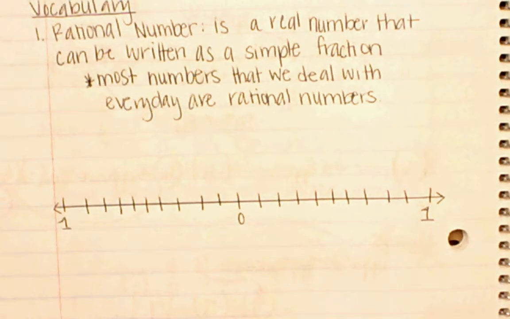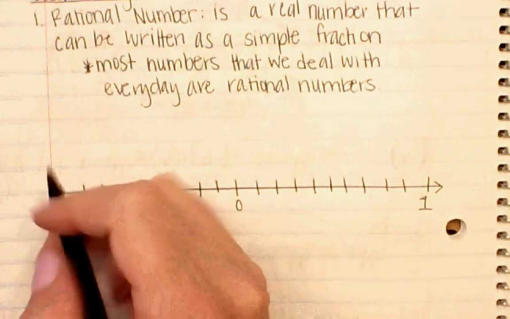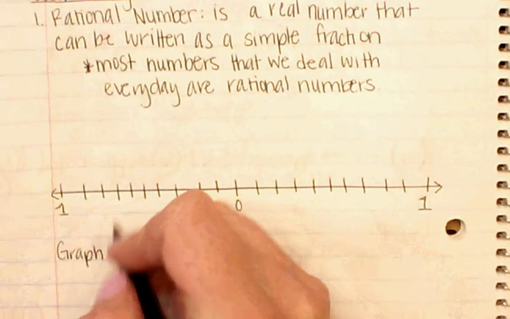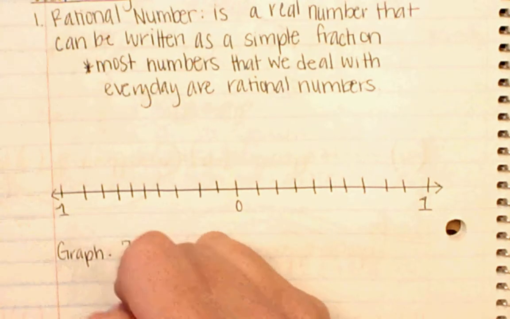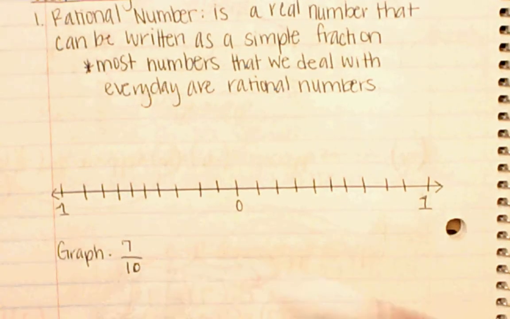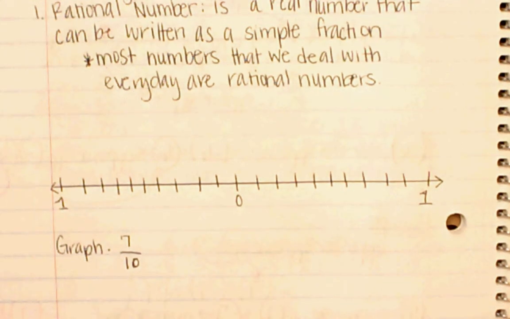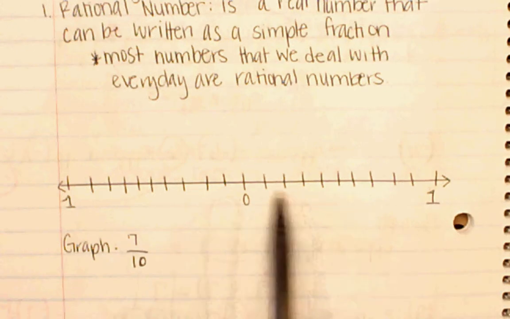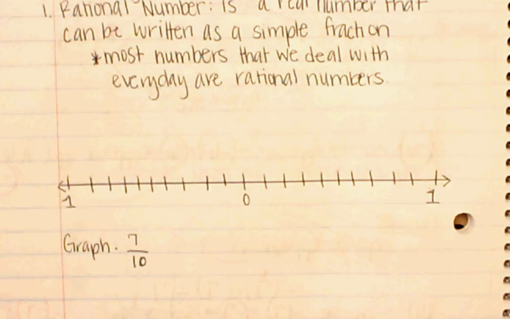Okay? Now we're going to graph seven tenths. First thing I want you to do is look at it and remember what we said in class today. We said that if there's nothing given here, we have to assume or try and figure out what each integer tick mark represents.